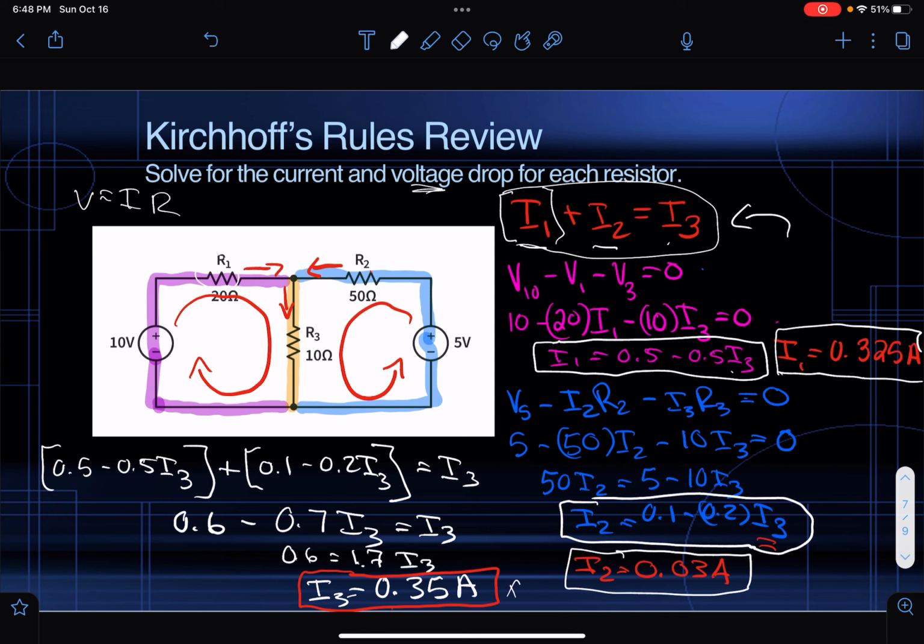So lots of work here, but it's not difficult work. You just have to figure out your three equations. You need your current equation, and then using your voltage loops, you're going to get the individual currents to plug in once you get your three equations with three unknowns.